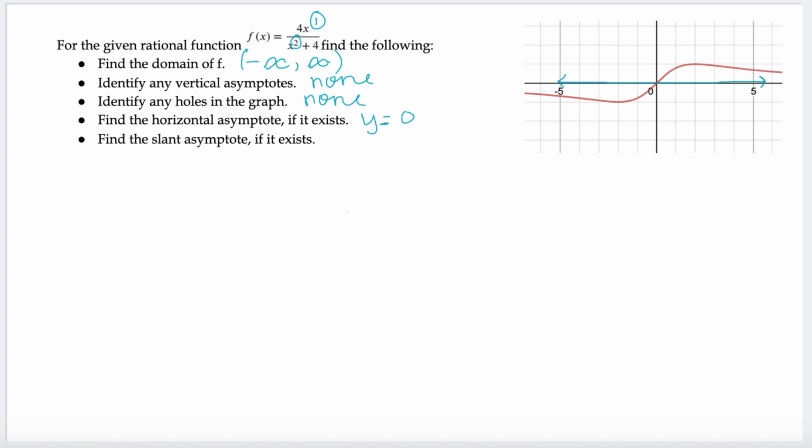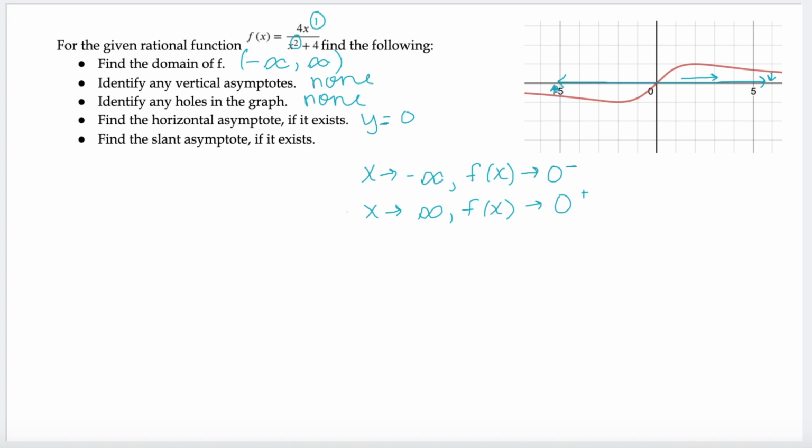So as x is approaching negative infinity, our function value is approaching 0 from the bottom side of 0. As x is approaching positive infinity on the right side, our function itself is approaching 0 this time from the top side of 0.